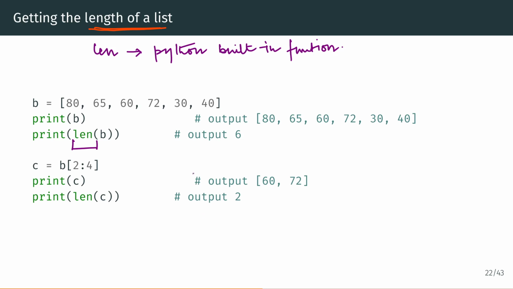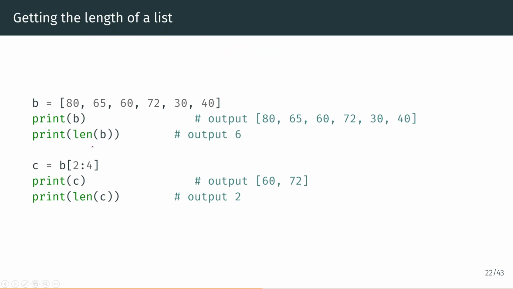And just so you know, this function len can be used with other data structures as well. So it's not that you only want to get the length of a list. You may want to get the length of other data structures as well. So len is sort of a generic function, but in this case, we'll only talk about lists, of course.